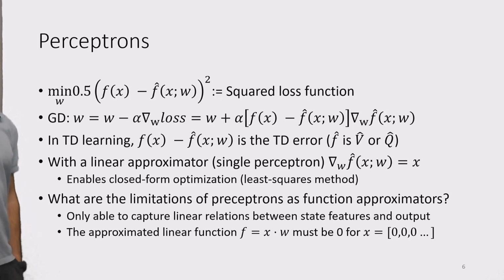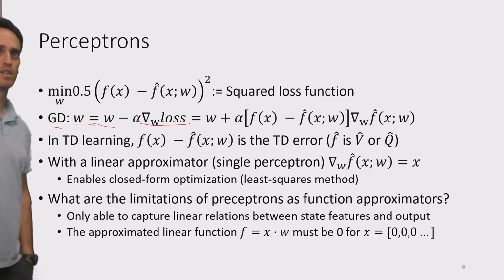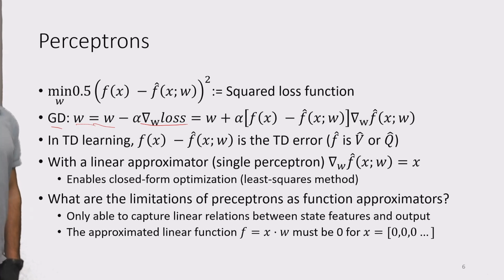So let's say that we're trying to train a perceptron in a way that minimizes the squared loss function. As we discussed previously, we can use the gradient descent method, right? Where we update each one of the tunable parameters based on gradients of the loss function with respect to these tunable parameters.